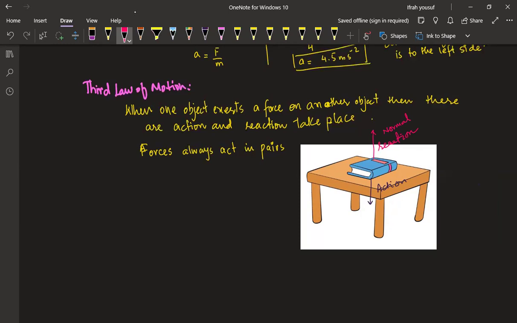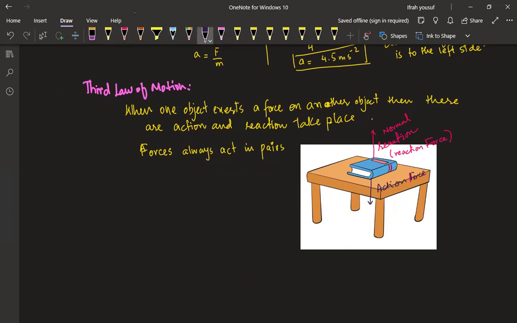The force on the book from the table is the normal reaction, or reaction force. And the force on the table from the book due to its weight is the action force.